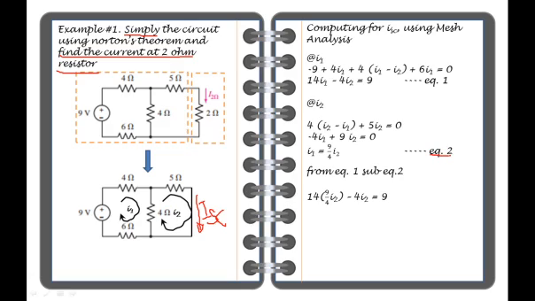Further simplifying the equation will lead us to I2 equal to 0.3273 amp. Since I2 is equivalent to ISC, automatically the value of the ISC is 0.3273 amp.